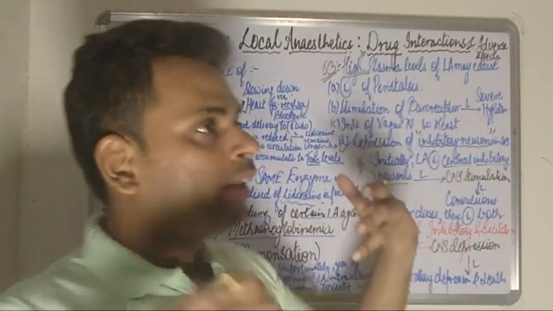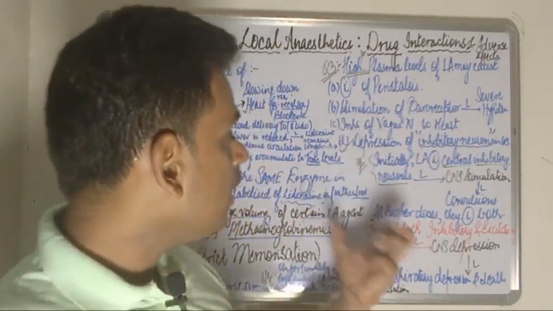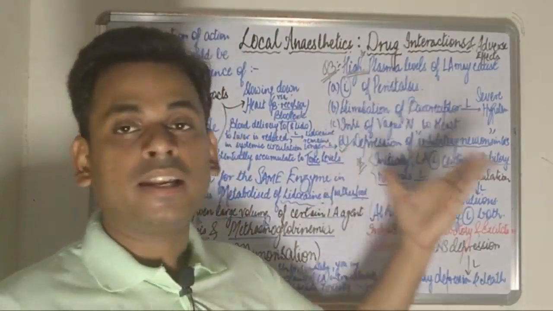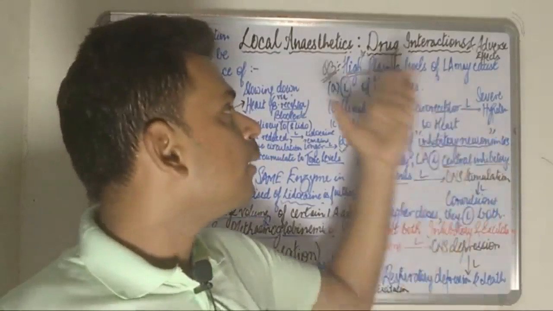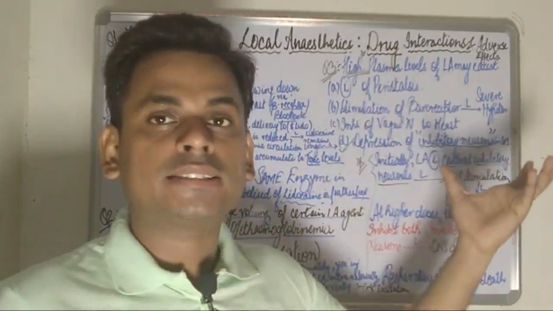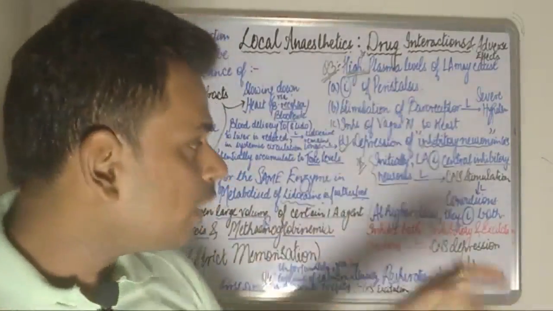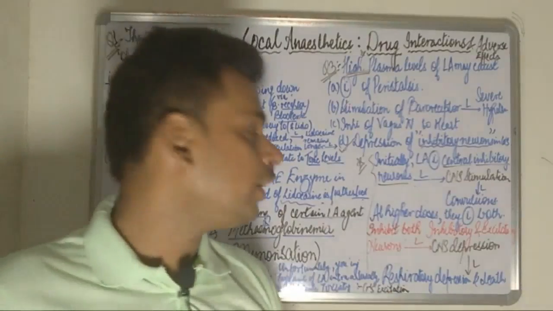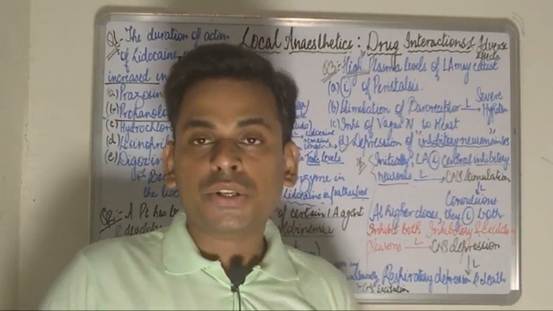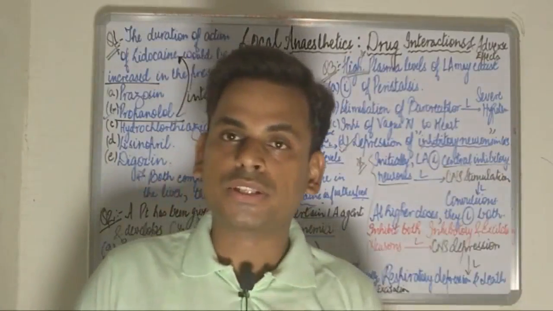And if the blood plasma levels of the local anesthetic remain high for a much longer duration, that will ultimately lead to CNS depression, which can result in respiratory depression and death. So students, with the help of these three multiple choice questions, I have tried my level best to clarify the concepts very frequently asked in the various competitive or PG entrance exams.